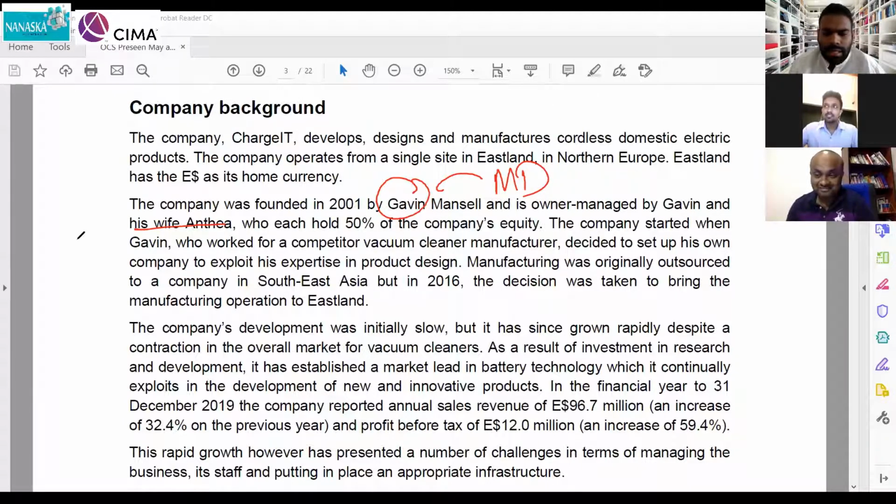Now, one thing that comes to my mind is that Gavin is the managing director, and his wife, if you go down and look at the organizational structure, is the sales and marketing director. Now, there might be some kind of awkwardness when it comes to board meetings, discussing areas where finance and marketing might have issues.